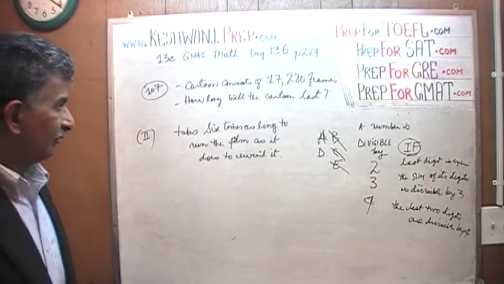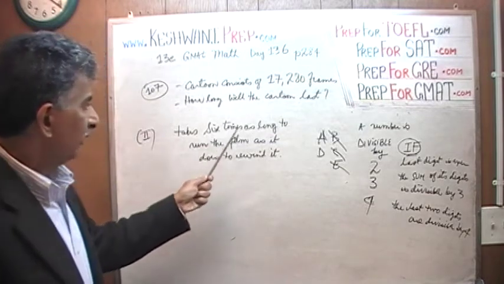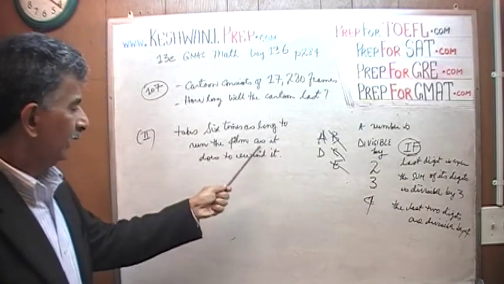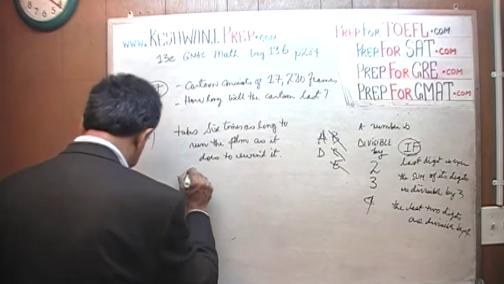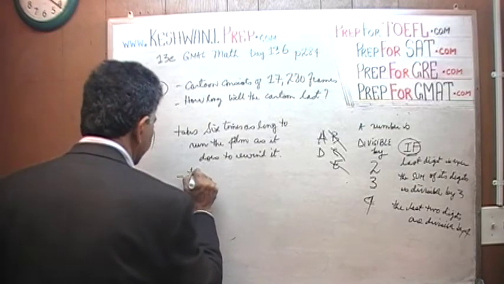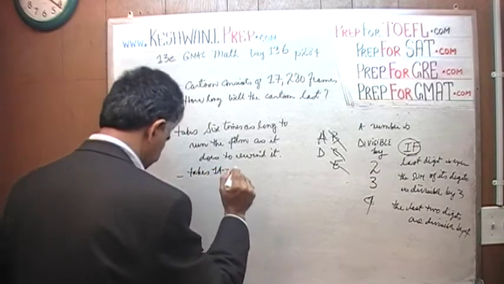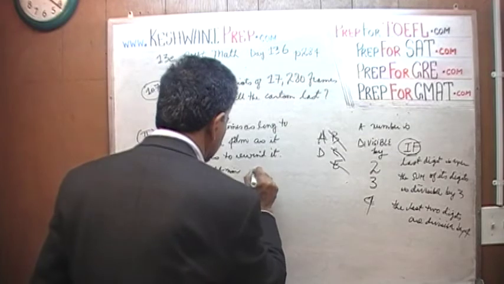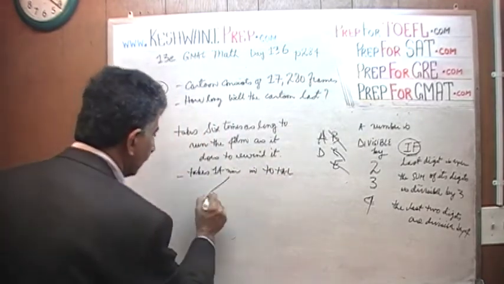It takes 6 times as long. That's what it takes, 6 times as long to run the film as it does to rewind it. And they tell us that the total takes 14 minutes in total. So that's very nice. It takes 14 minutes in total.